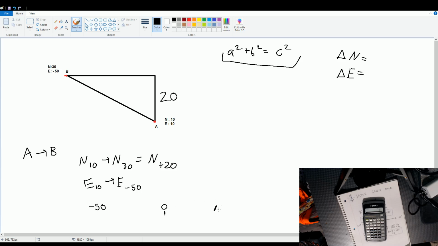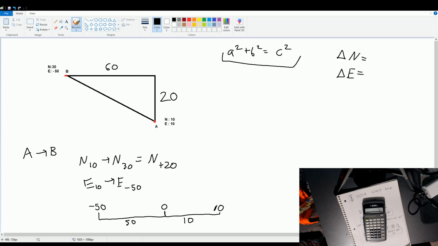0, 10. From 0 to 10, that's obviously just 10 values, or 10 numbers away from each other. From 0 to negative 50, that's 50 values away. So we know we want a grand total of 60 units, because 10 plus 50 is equal to 60.